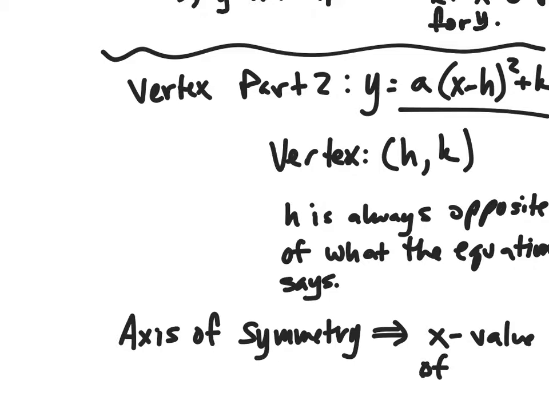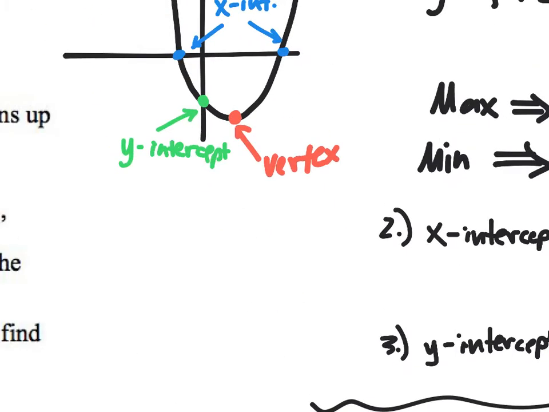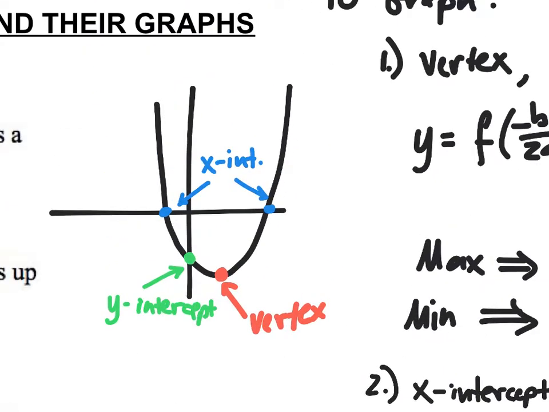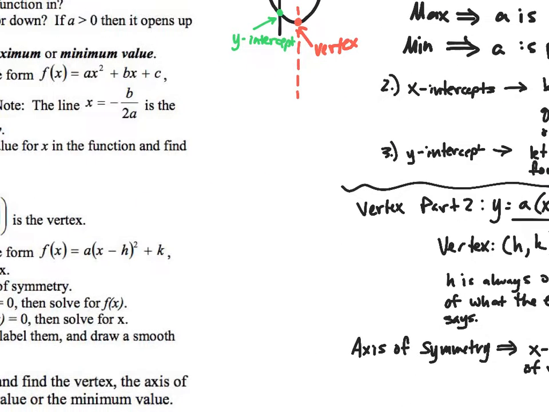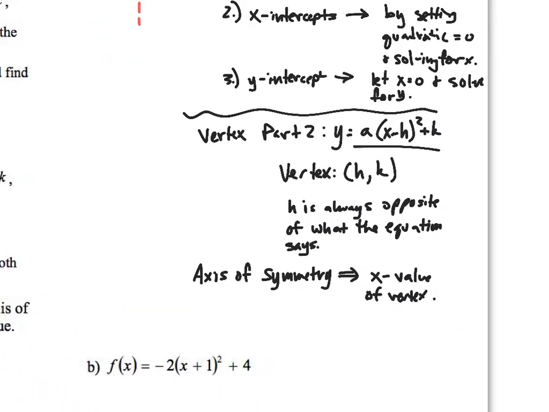What I mean by that is, look up here: if I take my vertex, it's this vertical line that goes up and down through my vertex. The parabola is symmetric to this line. Now my graph doesn't look very good, but that's what's nice about the vertex. So we have all that information from the graph.